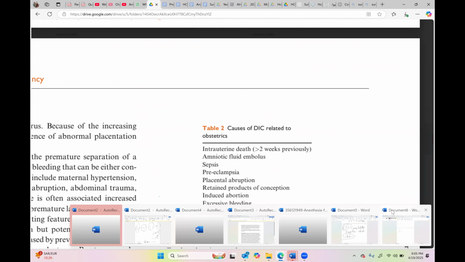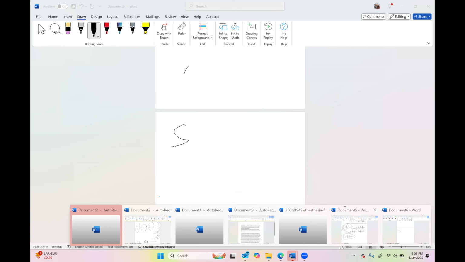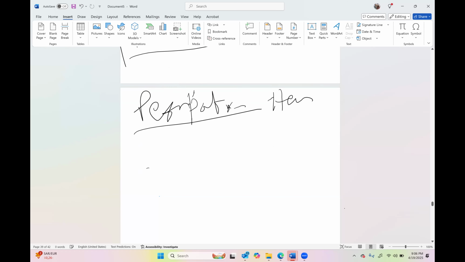If you have a patient with peripartum hemorrhage, whether antepartum or postpartum, what are the general principles? How will you answer the question? My general approach would start from ABC.